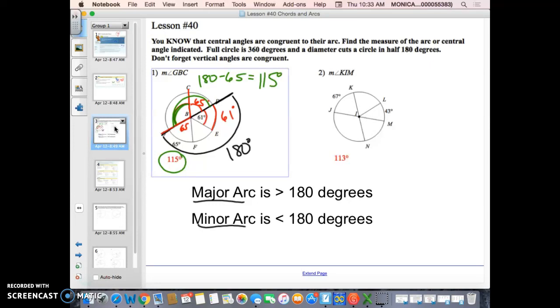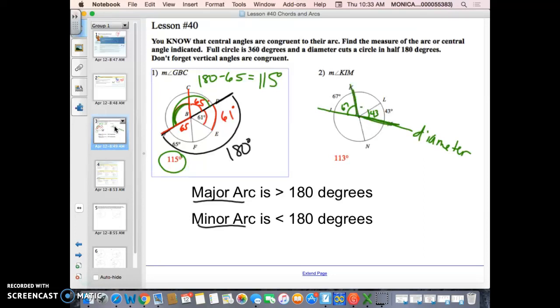So let's go ahead and do number 2 as well. First of all, I'm going to indicate that this is my diameter. A diameter cuts a circle in half. If I know that this is 43 degrees and this is 67, that means this is 43 and this same central angle is 67. And I want KIM. So KIM is this part right here.